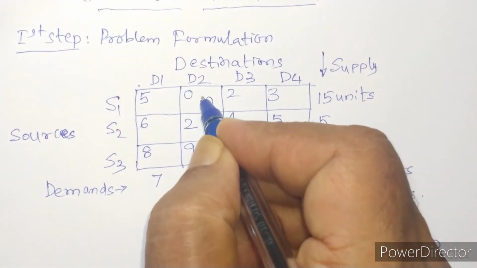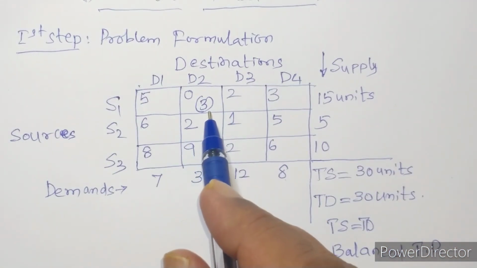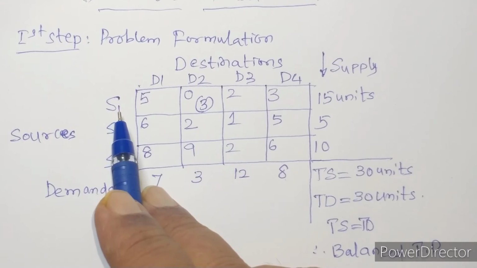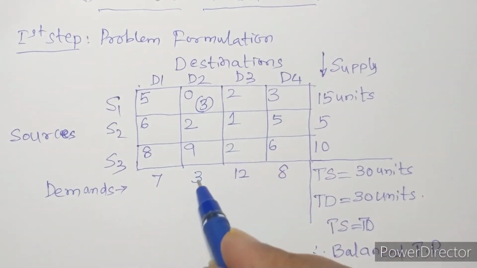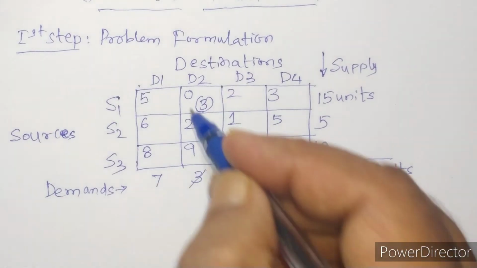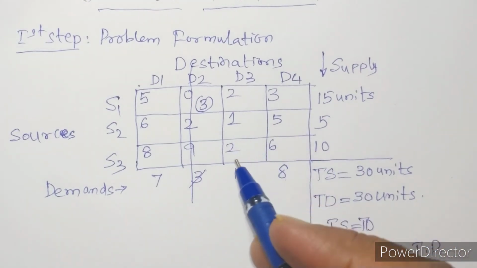3 units are written in the bracket. If I write the value in the bracket, it means that we have decided to supply 3 units from S1 to D2. Once the entire demand is met, you can remove the row or the column.